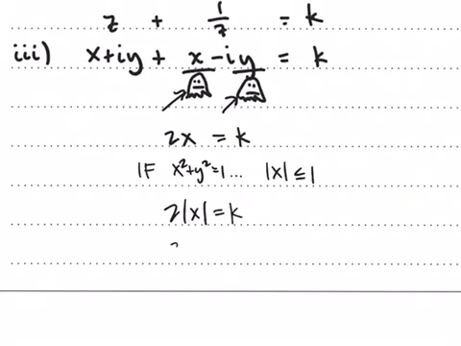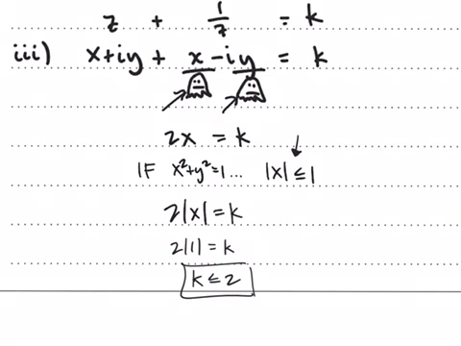And if the max value for x is 1, then k's max value would also be 2. Therefore, k would have to be less than or equal to 2. All right, so let me say that one more time. If x squared plus y squared equals 1, the absolute value of x, its maximum value, could be 1.